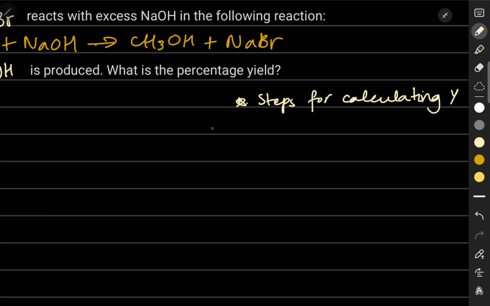All right, so the first step is to calculate the moles of the reactant whose mass is given. So calculate n, which means moles, of the reactant whose mass is given.